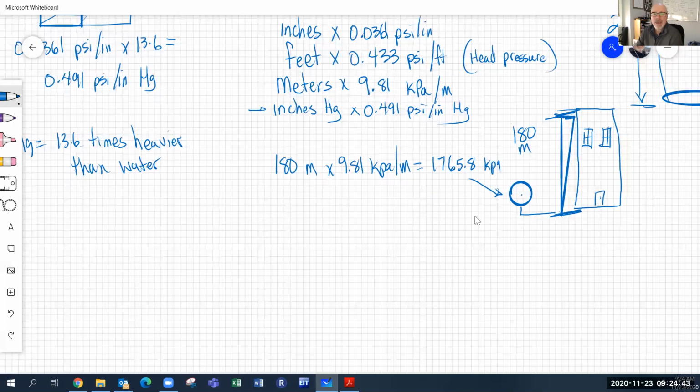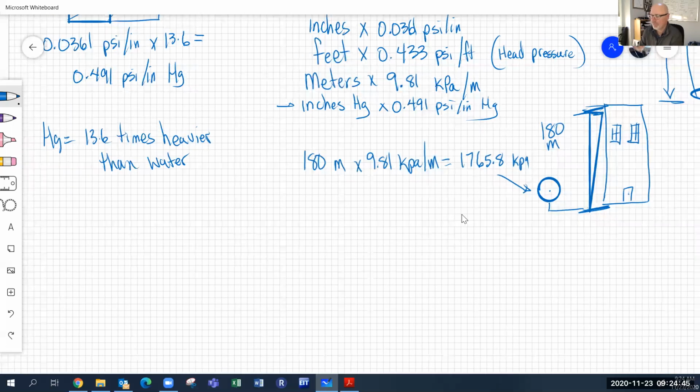For example, if I had a pipe or column of mercury and that was 18 inches tall and it was full of mercury, what would my pressure gauge read on the bottom?